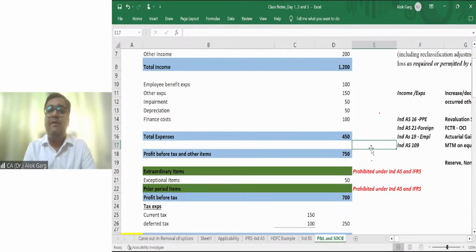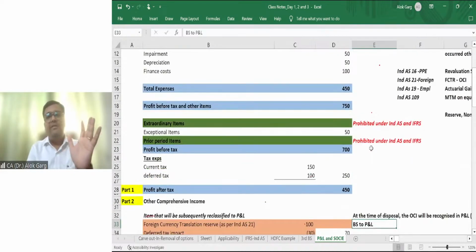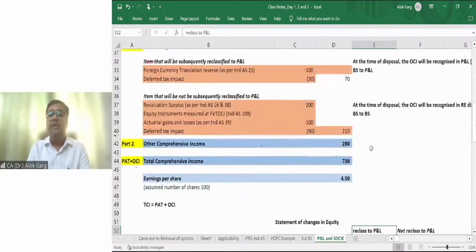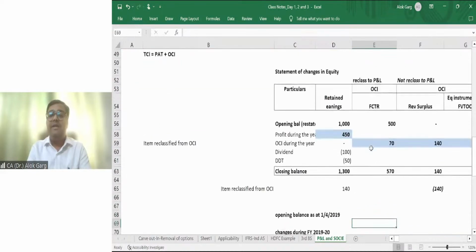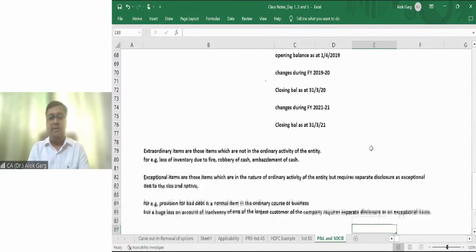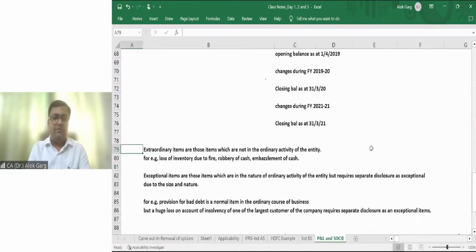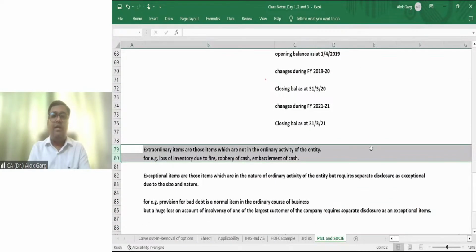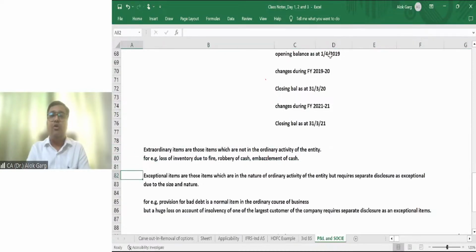Sir, what is the difference between extraordinary item and exceptional item? Friends, please write down. I am talking about the definition more from the accounting standard point of view, right? Extraordinary items are those items which are not in the ordinary activity of the entity.